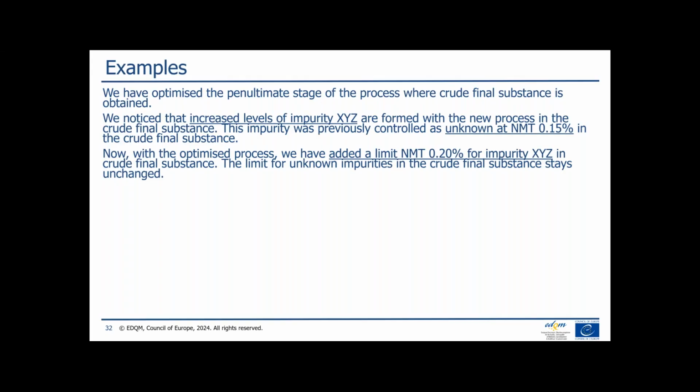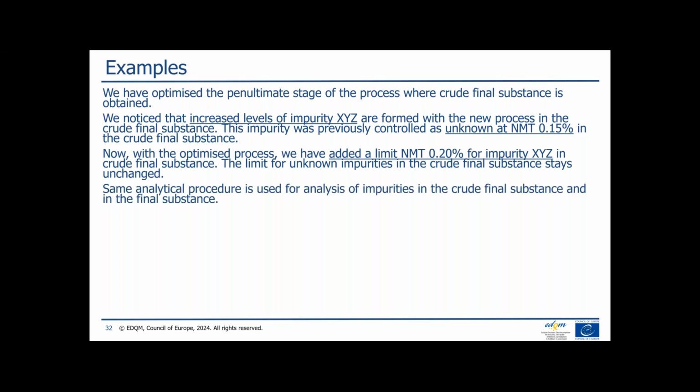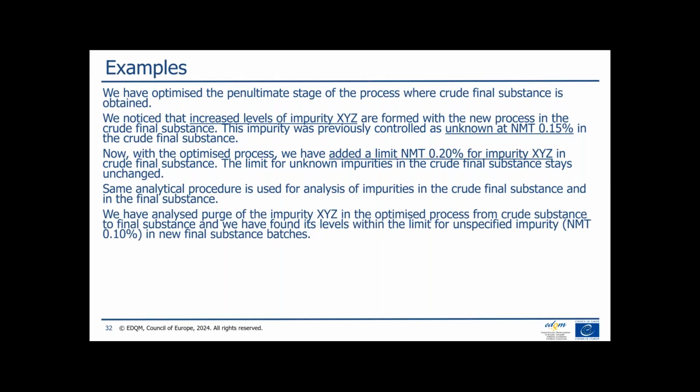However, the limit for unknown impurities in crude final substance stays unchanged. We also decided to stress to EDQM that the same analytical procedure is used for analysis of impurities in the crude and in the final. We also give information about analysis of the purge of this impurity.